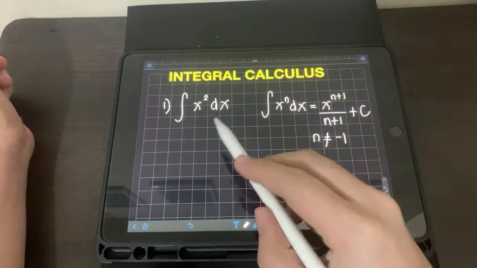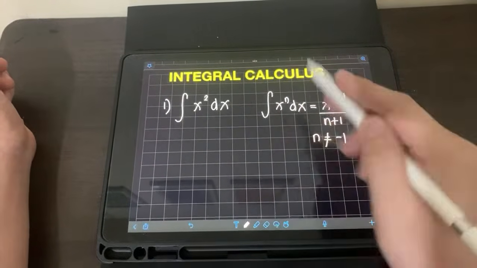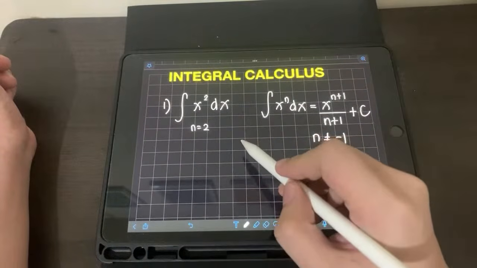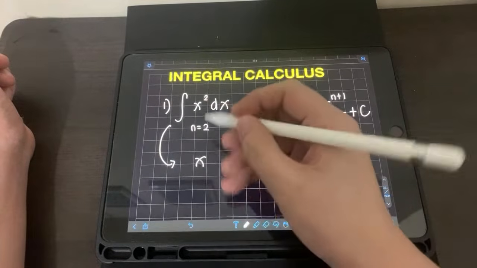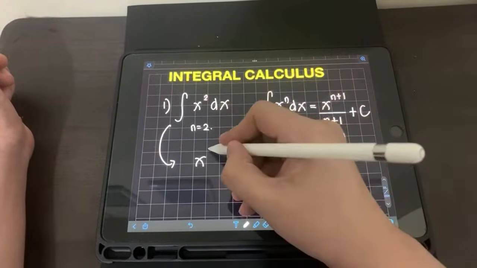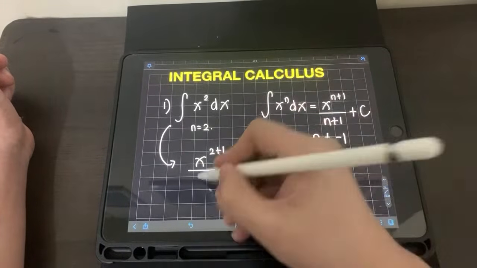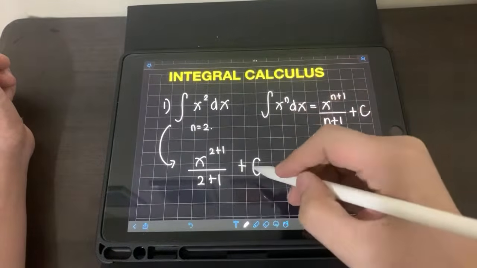Okay, so therefore, we have n equal to what? So the exponent of x, which is 2. So if we apply this formula, we can evaluate the integral as x raised to n plus 1, so add 1 to the exponent, divided by n plus 1, so still n plus 1. And then, don't forget the plus c.